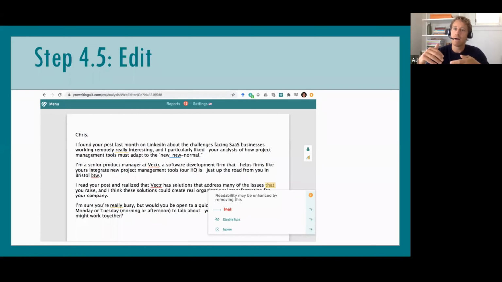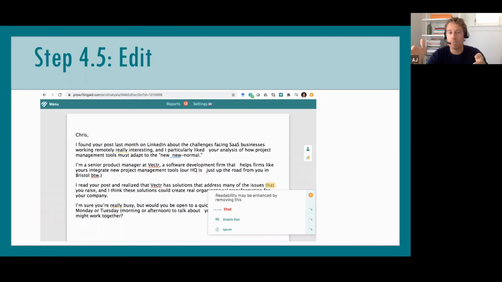So there are lots of great AI writing tools that will help improve your writing beyond grammar too. With the ProWritingAid tool, one of the most effective things for me is it'll identify places where I can eliminate words. For example, I have the email in the ProWritingAid tool, and it points out this idea, many of the issues that you raise, and it says, you don't need that.